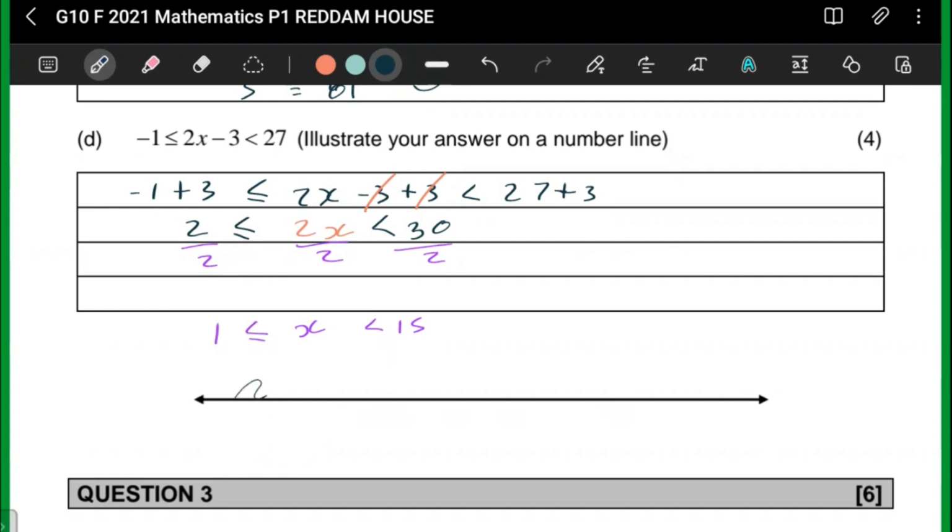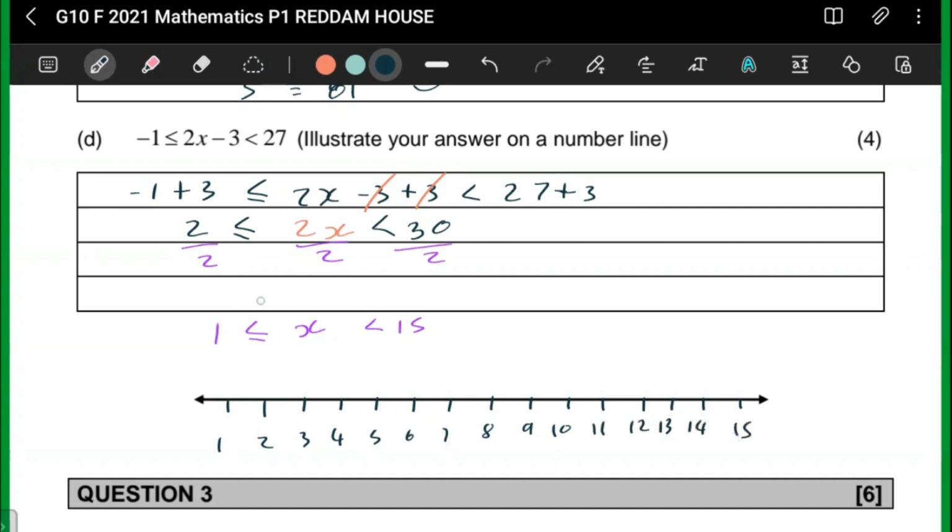I guess we're going to have to start from 1: 1, 2, 3, 4, 5, 6, 7, 8, 9, 10, 11, 12, 13, 14, 15.